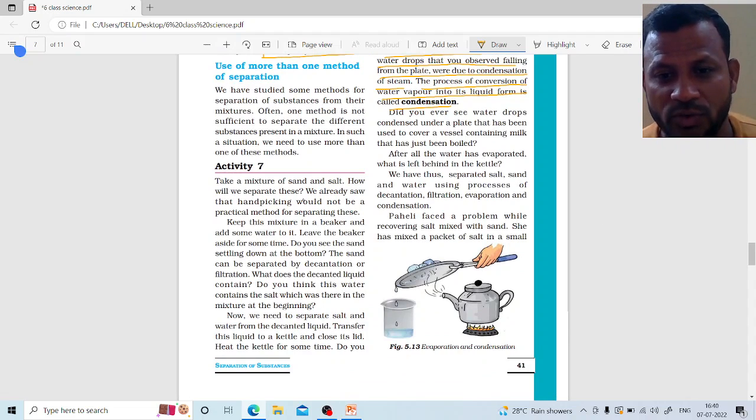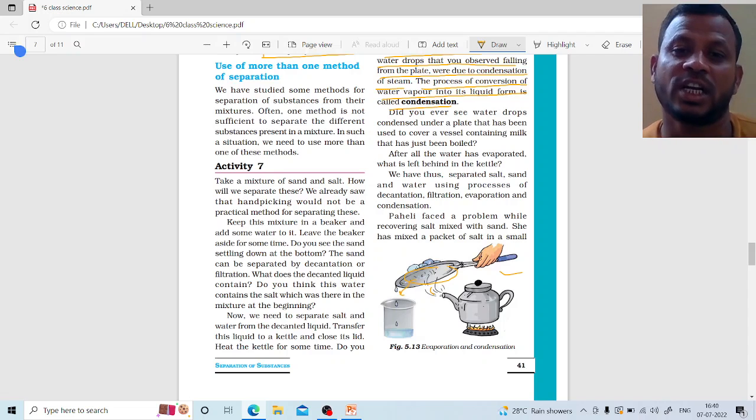Look here, if you see this activity, you come to know that when the steam is directed to the cold plate, suddenly it is converted into water drops. This is known as condensation. Because of this process, we get rain in our rainy season.